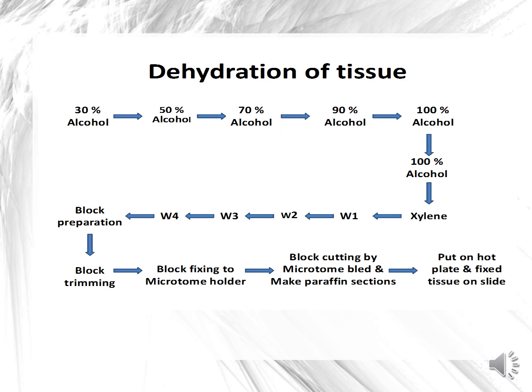We are going to discuss more detail in our next slides. Then W1 wax, W2 wax and W3 wax. W3 and W4 are pure wax. Then block preparation, block trimming, block fixing to the microtome holder, block cutting by microtome blade to make paraffin sections, put on a hot plate and fix the tissue on the slide.